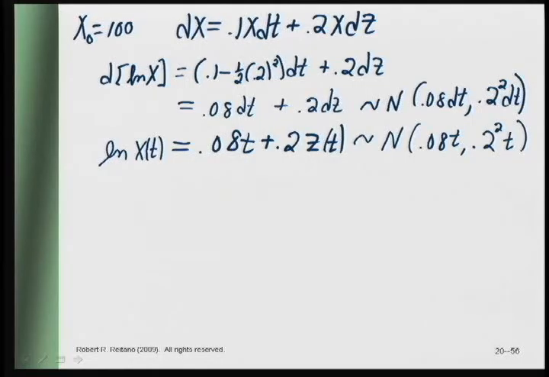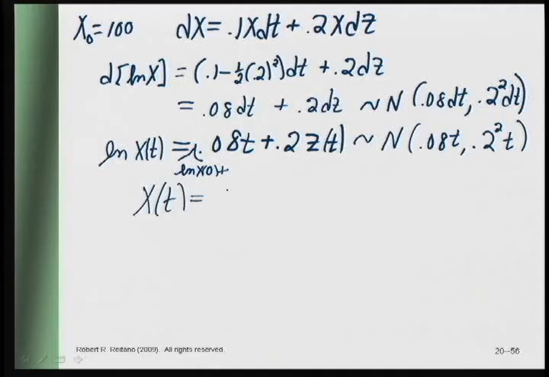We can just do an exponentiation. I'm sorry, I have a mistake here. I would have to have in here a log of x of 0. That keeps falling out of my equations, I'm sorry.